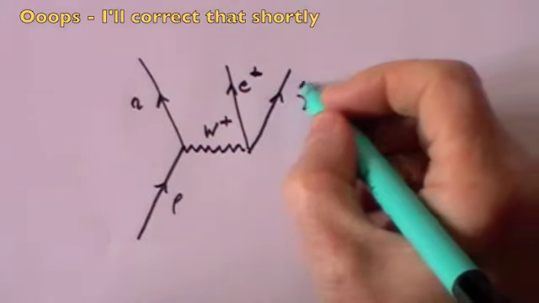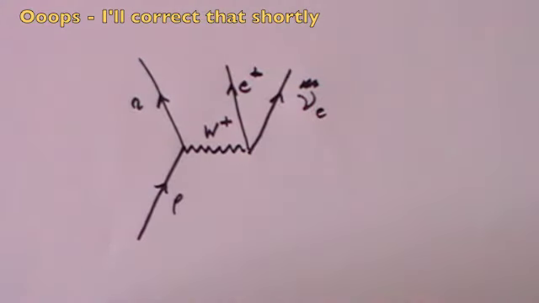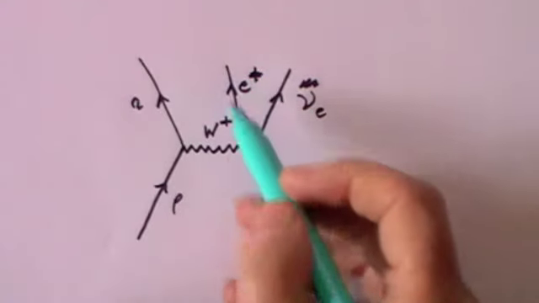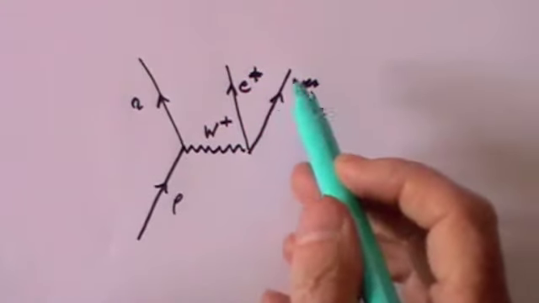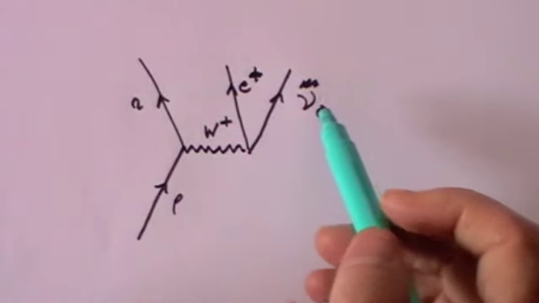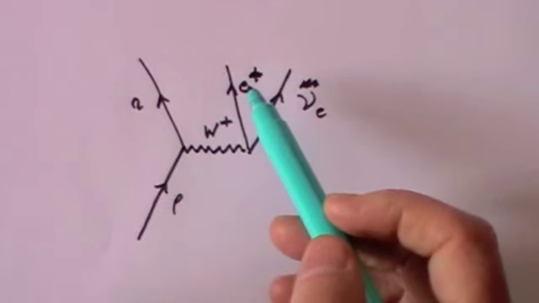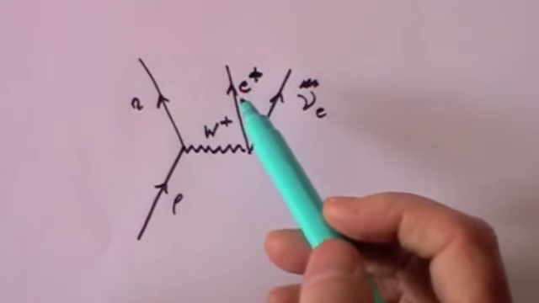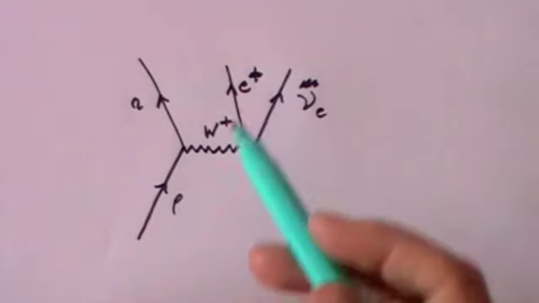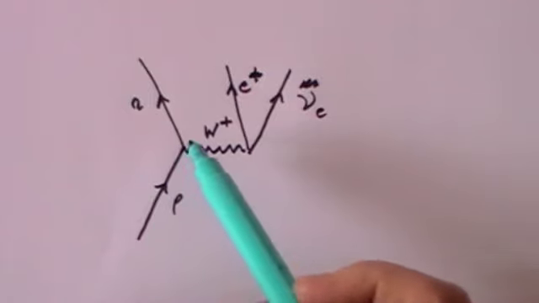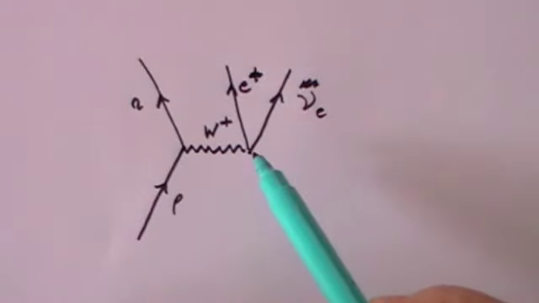Oops, there's a mistake there, of course, it's not an anti-electron neutrino, it's just an electron neutrino, because this is a positron, so that's an anti-electron, so you now need an ordinary neutrino to balance it. So now we've got leptons +1 for the neutrino, -1 for the positron. So the lepton numbers are conserved. And what about charge? Well, charge incoming, we've got plus charge, nothing there, but a plus charge here. So baryon number, lepton number, and charge all conserved.